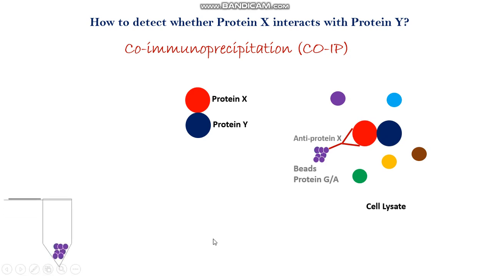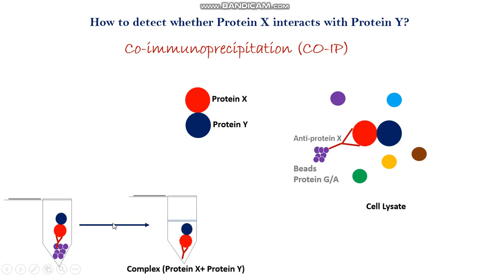After incubation with the protein G beads, we need to collect these beads. When you collect these beads and wash them, you will get with the beads also the antibody and this protein complex.